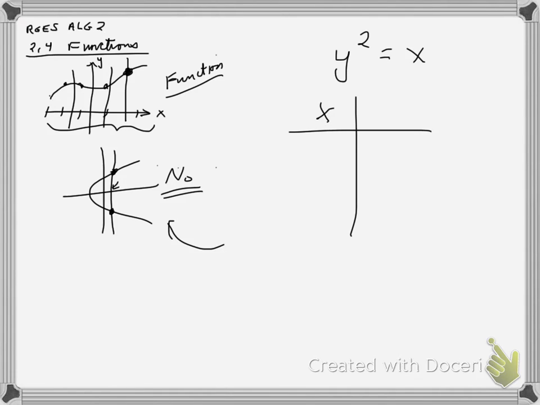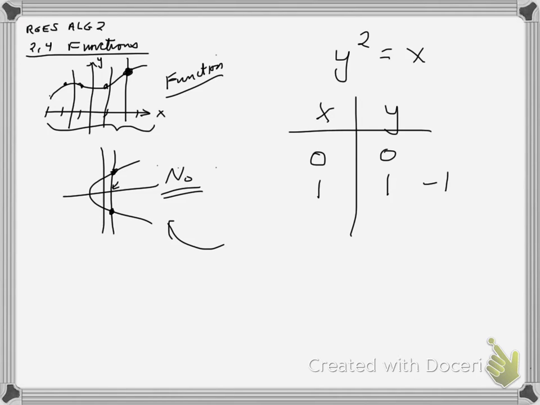So if I plugged in values for x and y, I could plug in a 0 for the x, and on the right side, what y would I square to get 0? And the answer would still be 0. If I plugged in a 1, what do I have to square to get 1? I could square a 1 to get 1. 1 squared is 1. Or I could square a negative 1, because negative 1 squared is also 1. So you're seeing how this goes.